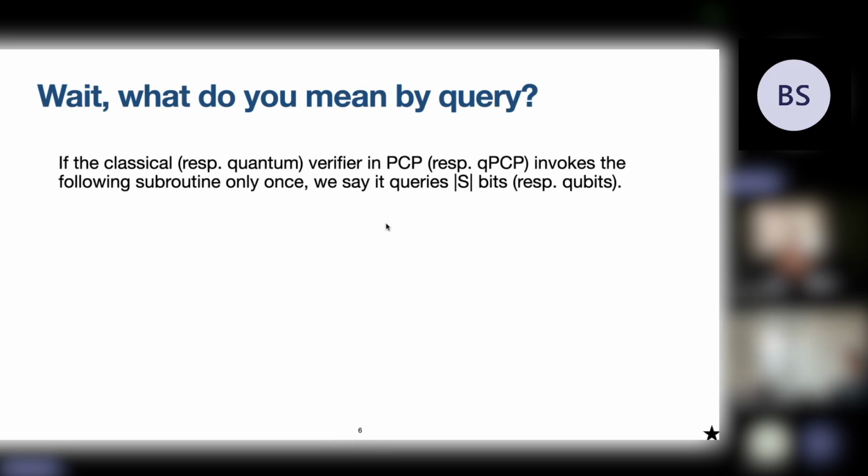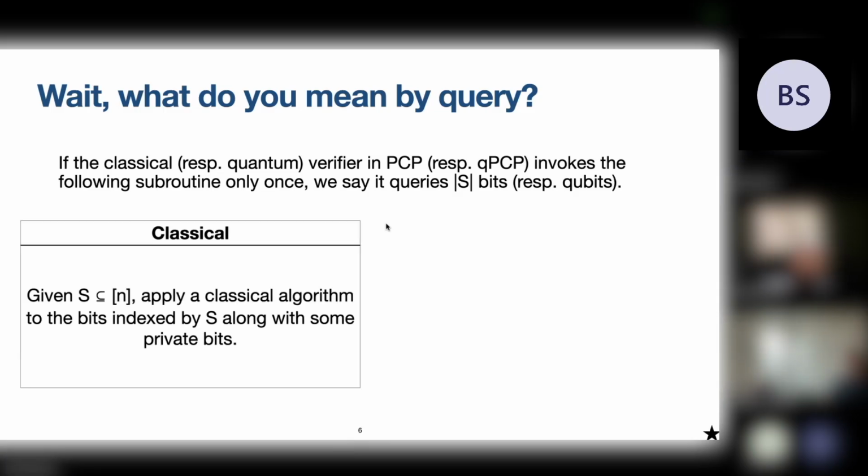So to make the definition more precise, we need to define things. Classically, how you define this doesn't matter much, but in our case, if the classical verifier invokes the following subroutine only once, we say it queries S bits.